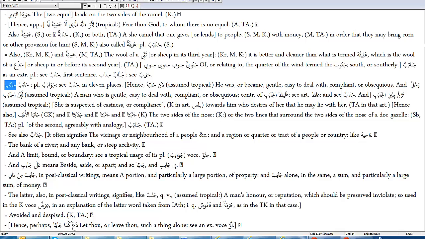But there are some other instances which are a lot. For example, if we come here, it is Janubiyun. Janub, I don't know a way that I can say that Janub is an alternative way of saying Janubiyun.